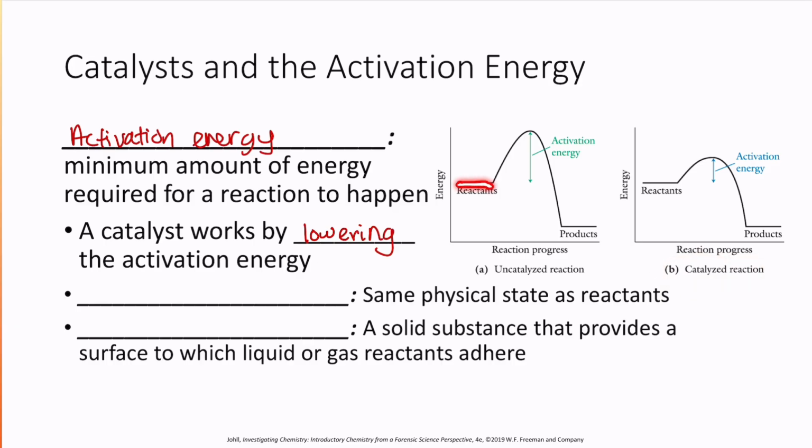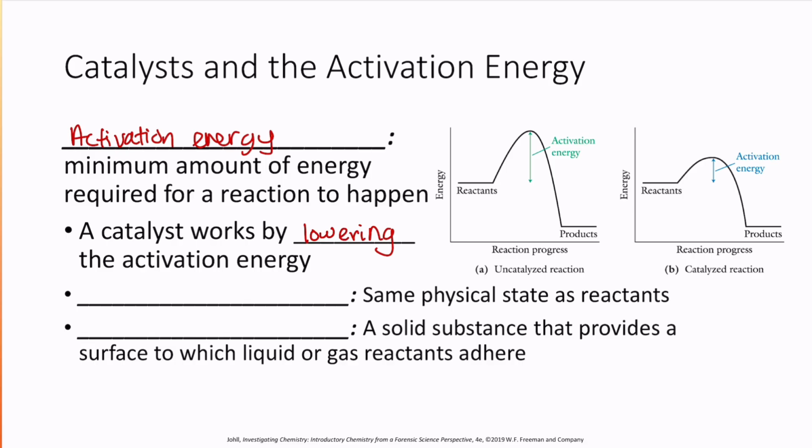So here are the energy of my reactants. In order for my reaction to take place, I have to get all the way up here to this energy, and then I will proceed towards my products. So the difference between the energy of my reactants and the energy of the highest peak is my activation energy.